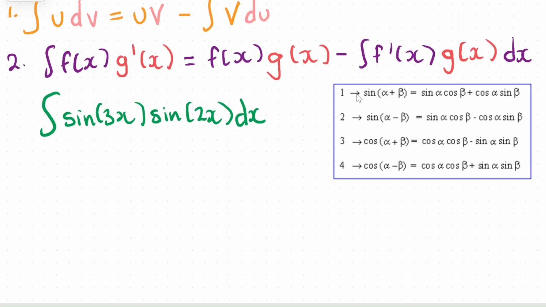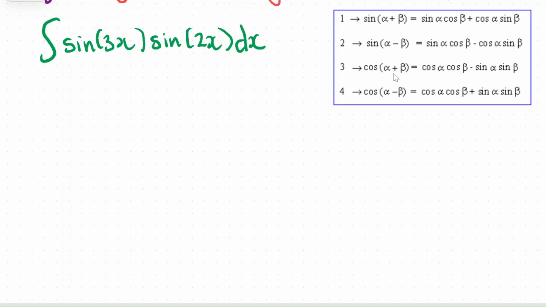Let's get started. Considering the fact that we see cos A plus B, and we know that we've rewritten sine 3x to be our A value and sine 2x to be our B value, then let's rewrite that in that way.